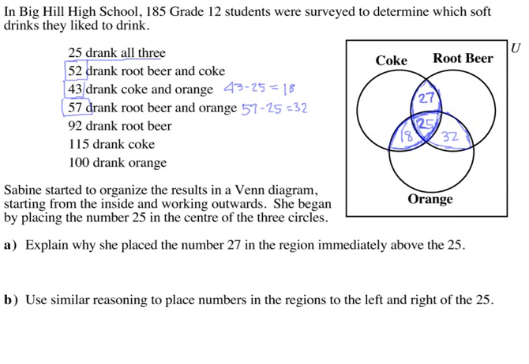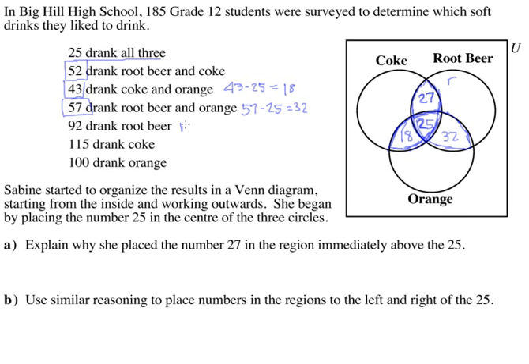Now finally, 92 people drink root beer. That means in this circle, altogether, we have to have 92 people. How many do we have already? 27 plus 25 is 52, plus 32 is 84. We need a total of 92, so 8 more. If you do this as an equation, it would look like this. Here, I'll use R for root beer.